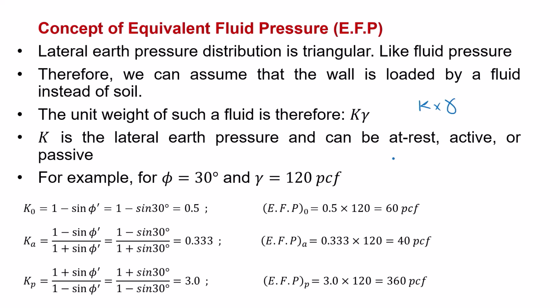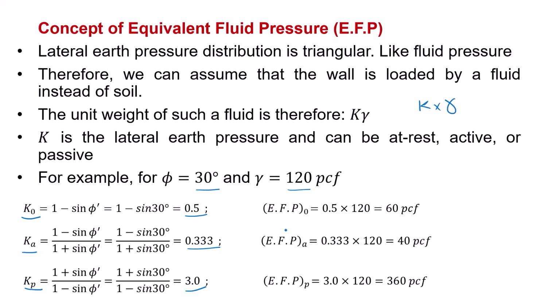Let's look at a practical example. Suppose the soil has an internal friction angle of 30 degrees and a unit weight of 120 pounds per cubic foot, or PCF. Therefore, the lateral coefficients like K0 would be 0.5, Ka would be 0.33, and Kp would be 3.